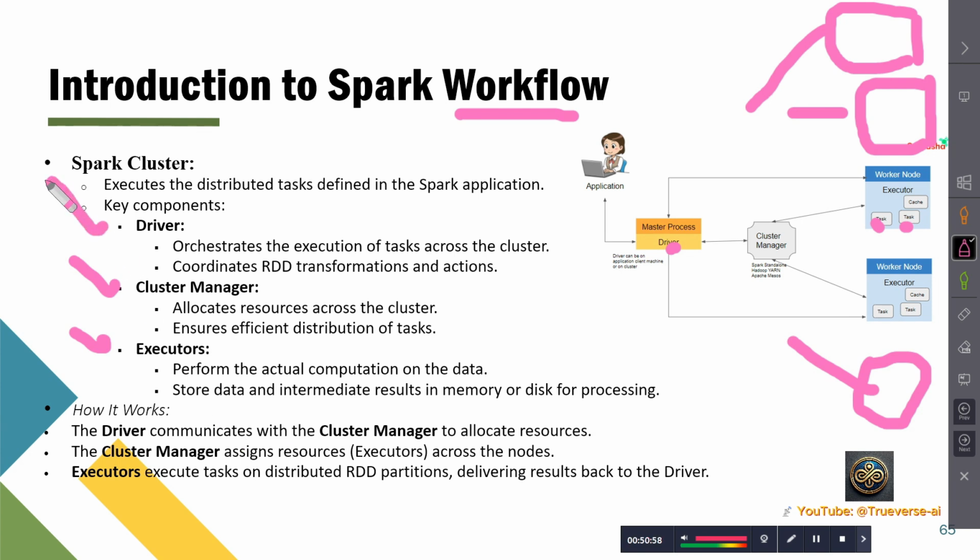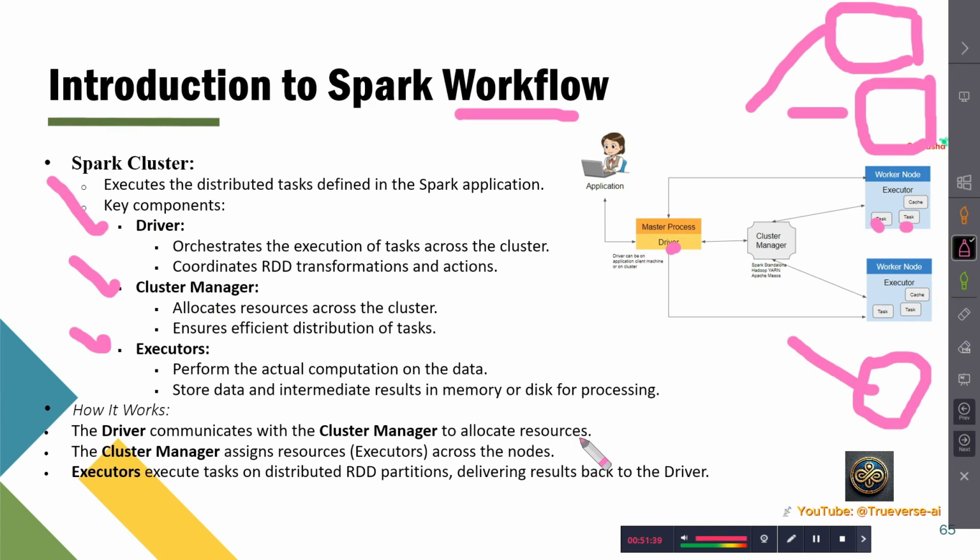So there are three important parts of a Spark workflow. We will see in the code how practically we can handle the driver part, cluster management, and executors. I will show this easily in the Spark application. Usually the driver communicates with the cluster manager to allocate resources.